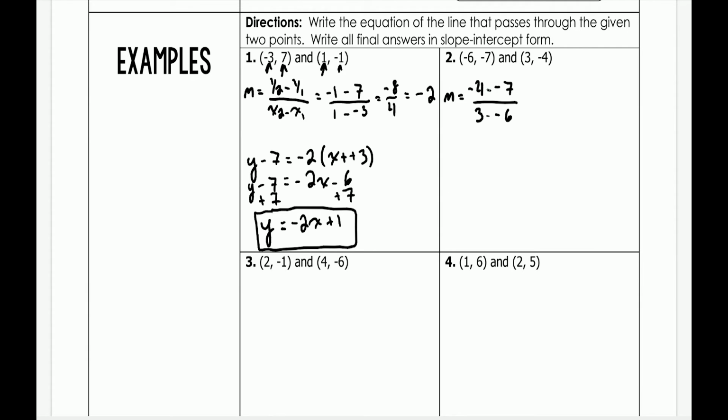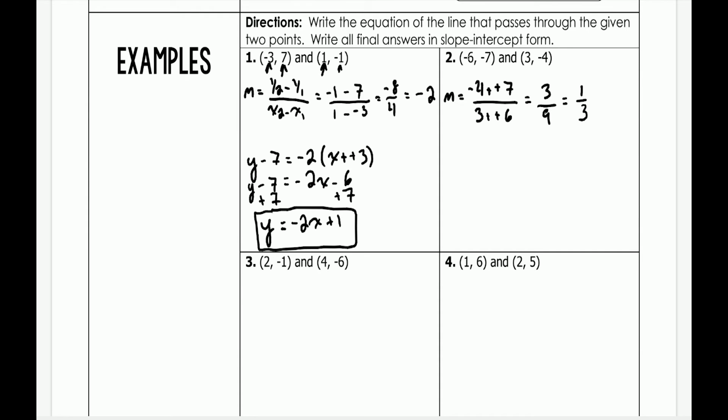Since we're subtracting negatives, we can change those to adding. We have -4 plus 7, that's positive 3, over 3 plus 6, which is 9. And 3 over 9 simplifies to 1 over 3. So our slope for this problem is 1/3.